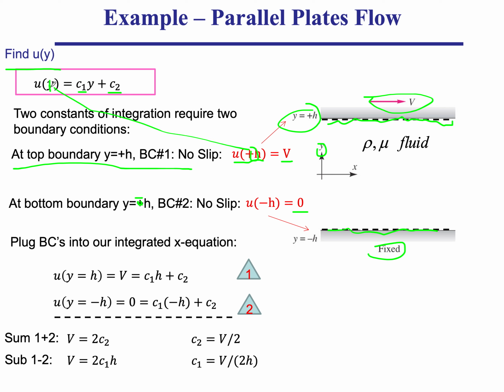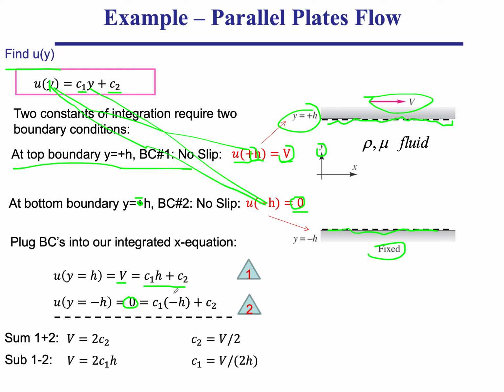So y equal plus h: C1h plus C2 is equal to capital V. And that's what we get over here. Capital V is C1h plus C2. Then you plug the second boundary condition into the equation. So minus h goes everywhere there's a y. There's a minus h here, and that's equal to 0. So 0 is equal to minus C1h plus C2.